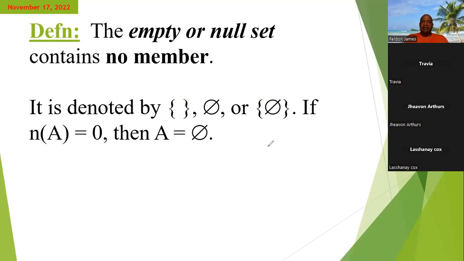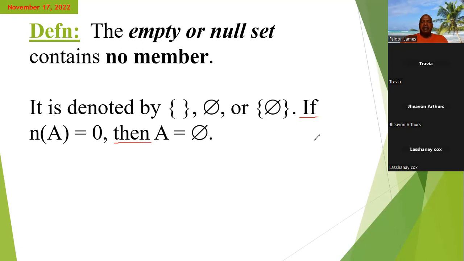Here we have a statement saying that if the number of elements in A is 0, then A is empty, which we use the symbol ∅ for. Now, this is what we call an if-then statement. You have an if section to the statement, and you have a then section.